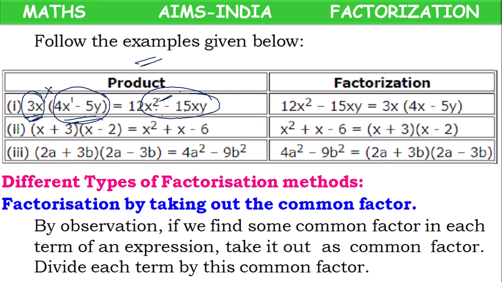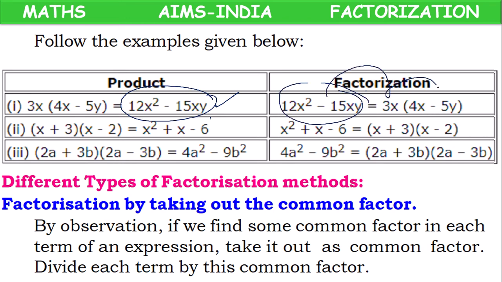So this is an example of product. But in factorization, what will we do? This bigger expression is split into two smaller expressions. So factorization is a reverse process of product or multiplication.